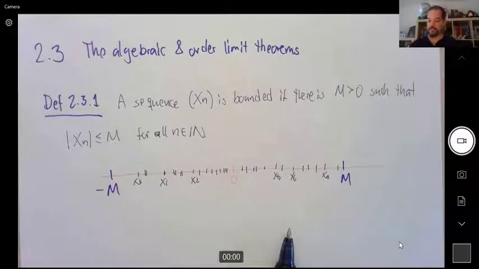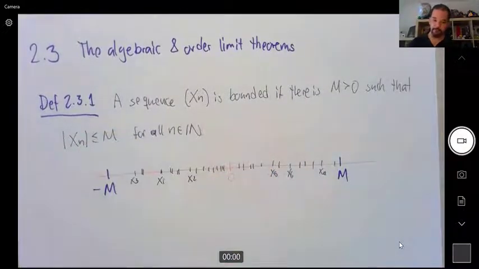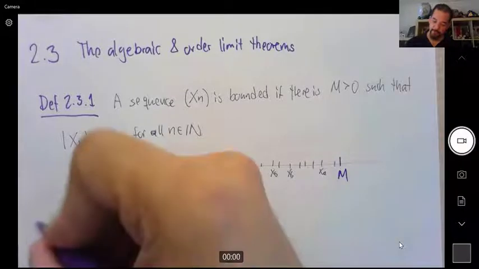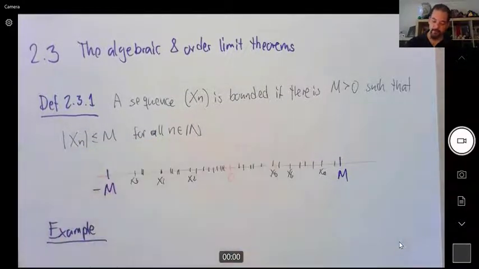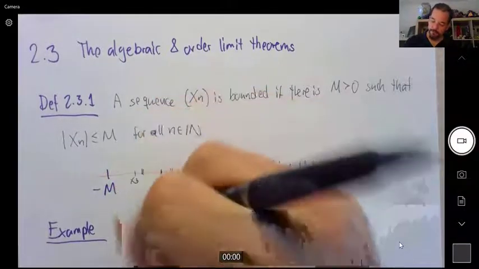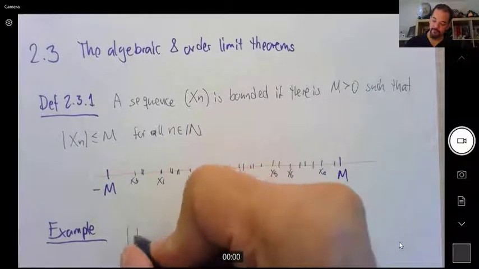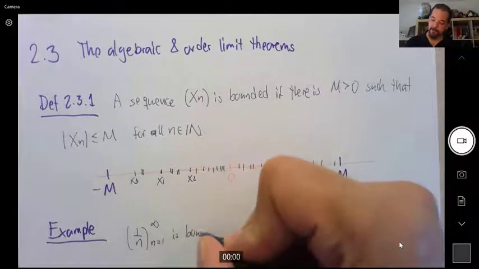Well, for example, sequences that are not bounded. So here's a non-example. But let's start first with a yes example. How about 1 over n? The sequence 1 over n is bounded. How come?